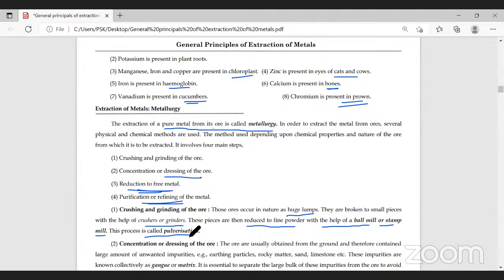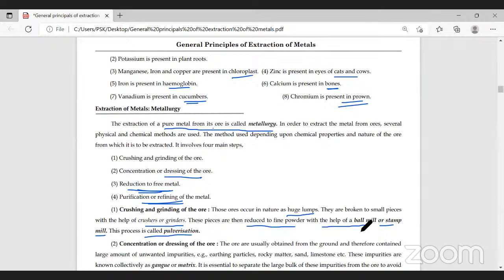Ball milling is like the cement mixture apparatus you may have seen, in which a huge iron ball is present. They put small pieces of ore in it and allow it to spin. The ball crushes the small pieces into a fine powder.